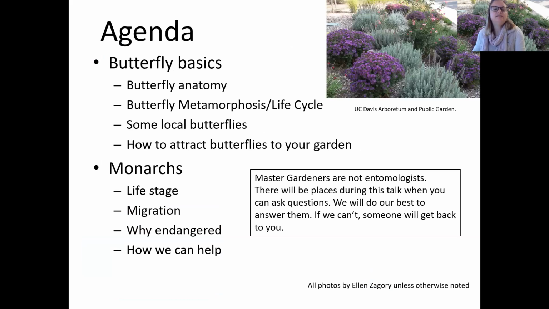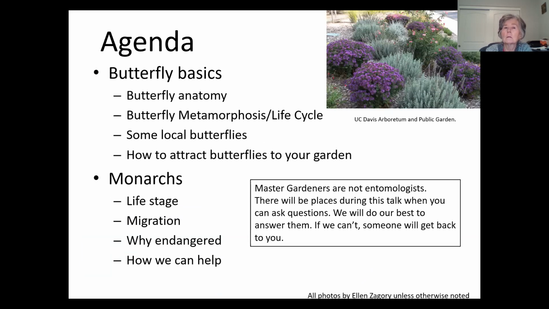I will introduce Denise Godbout Avant, one of our Master Gardeners. Okay, thank you, Ann. So just to review what Rhonda and I are going to be talking about, our agenda will first cover some basics of the butterfly, their anatomy, metamorphosis, life cycle. We'll go over some local butterflies that you might see and how to attract them into your garden.